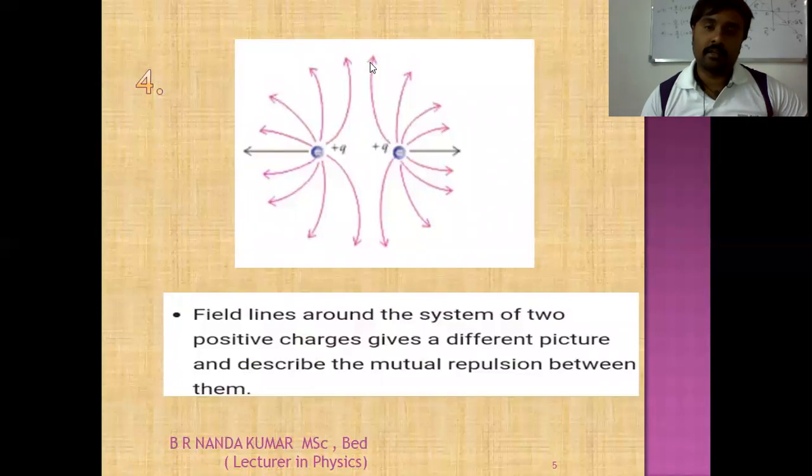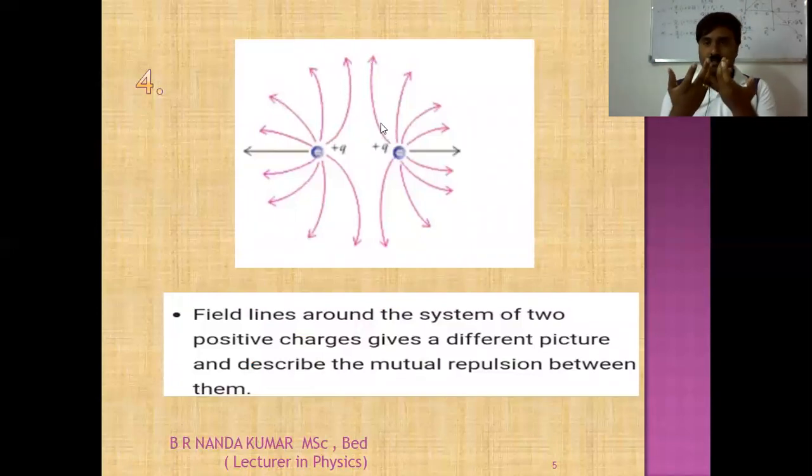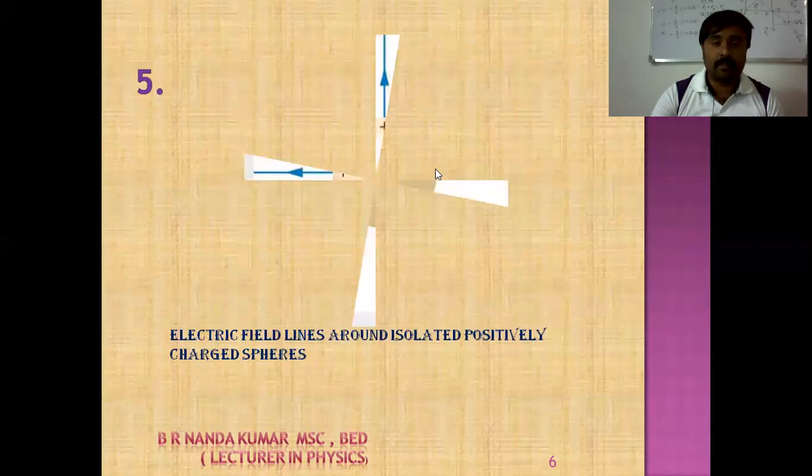Okay, actually here the electric field lines exert lateral pressure, which represents the force of repulsion between two like point charges.